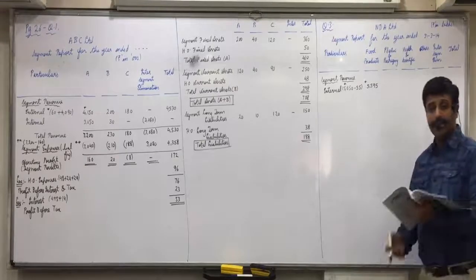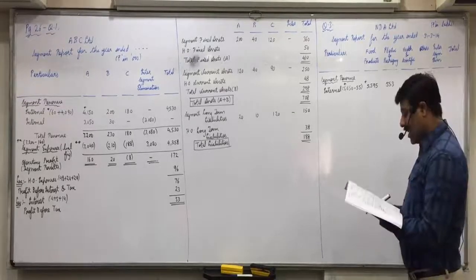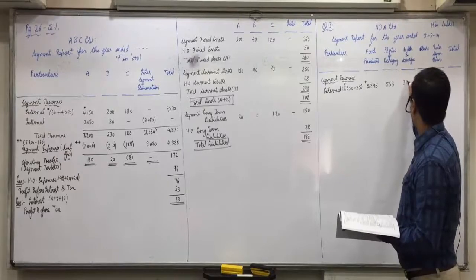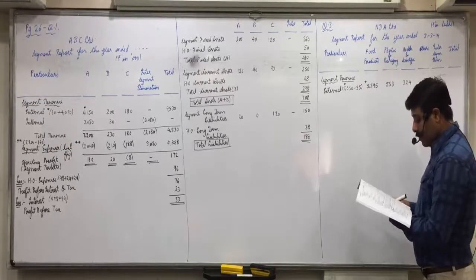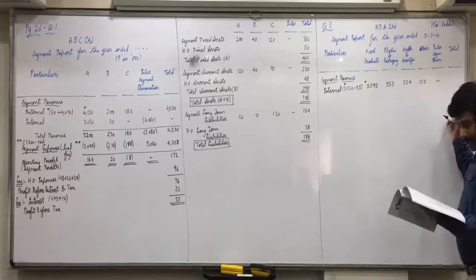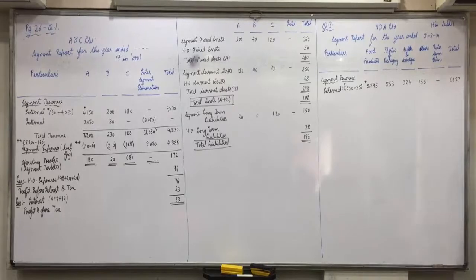Did everyone understand this? Further, 625 minus 72, so that is 553. 345 minus 21, 324. 162 minus 7, 155. And total is 6627. Anyone having any doubt in this?